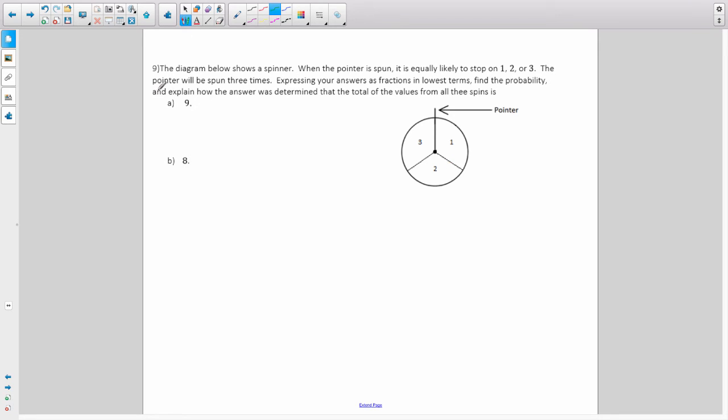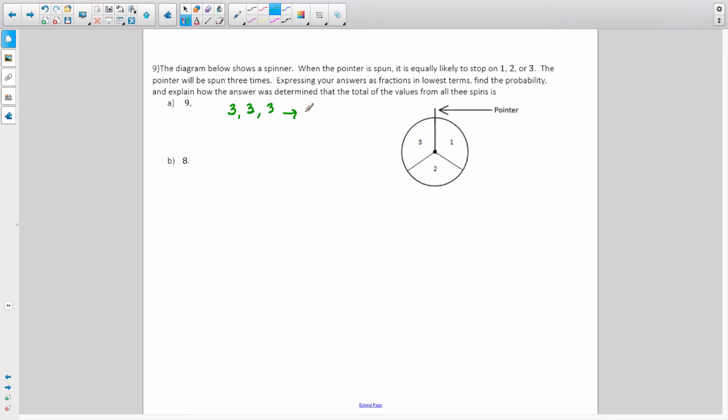So let's make a fraction of the probabilities of a 9. You spin 3 times. How many ways can you add up to 9? Well, there's really only one way. All 3 have to be 3s. What's the chances of that happening? That's a big old end. You have to roll a 3, and a 3, and a 3.